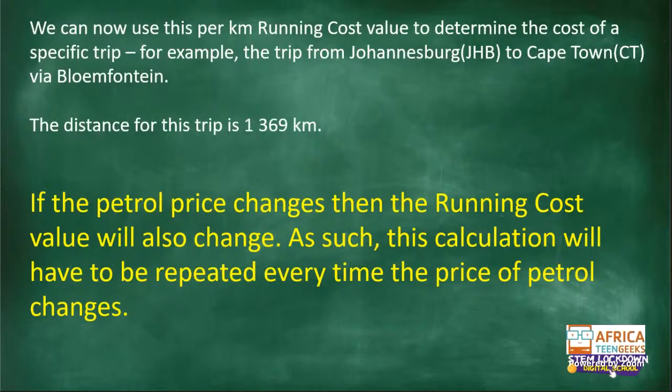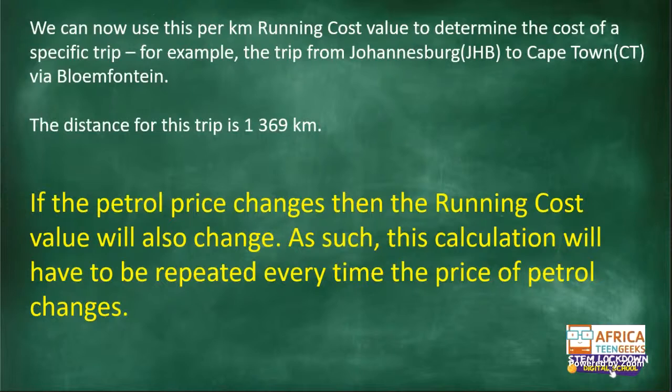So once you are able to calculate the running cost for your vehicle per kilometer, then you can know how much your vehicle will cost if you take 1,369 kilometers.